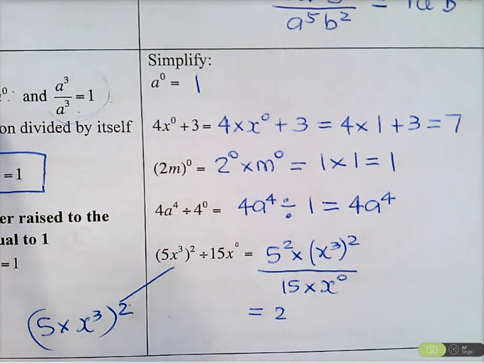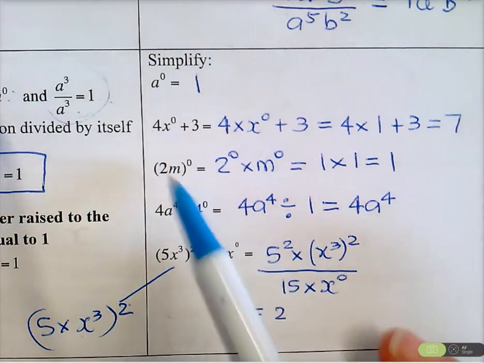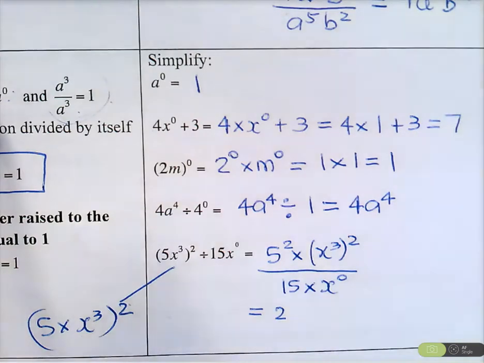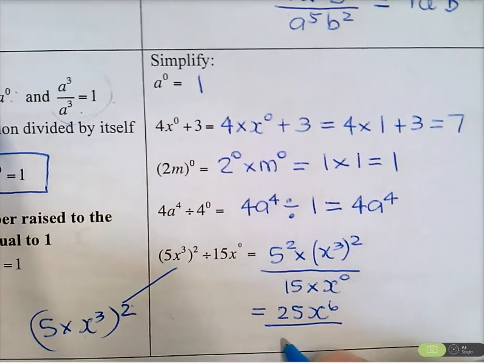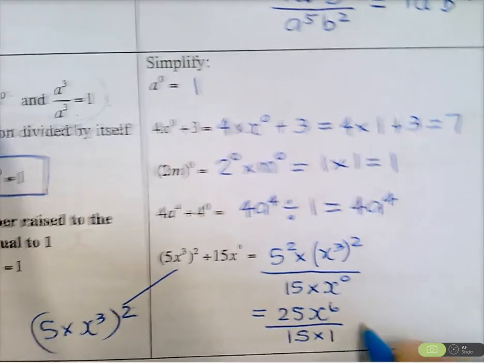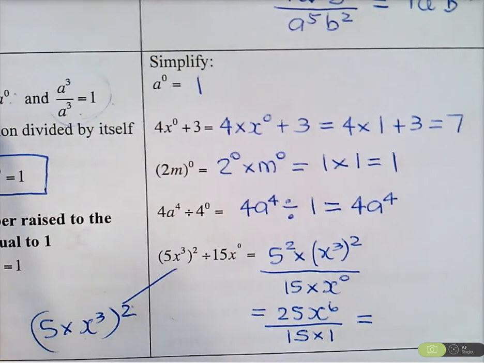You've got to look at each thing separately. Look at the numbers separately. Look at the x terms separately. In other questions, look at the a's separately, the b's separately. Okay? So girls, we've got 25 times x to the power of 6 over 15 times 1. So what happens with your 25 and 15?